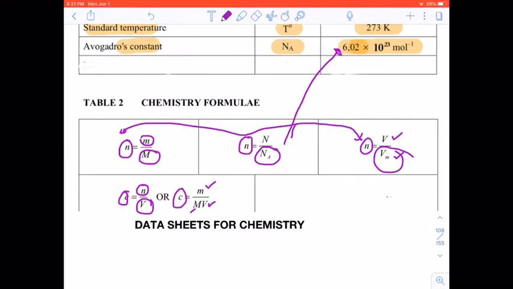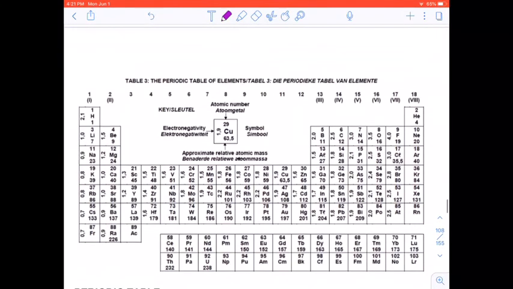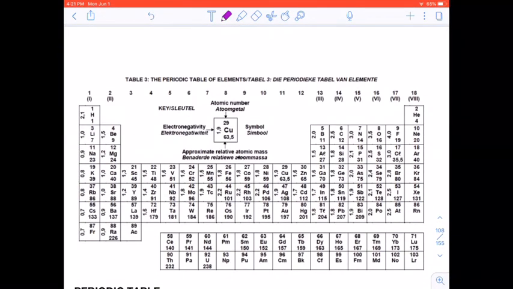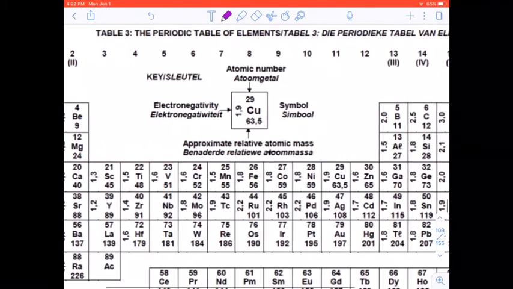Right, now let's look at the periodic table. So you'll also be given a periodic table in the exam, and as you can see here, that shows us approximate relative atomic mass. You can see for copper it's 63.5.